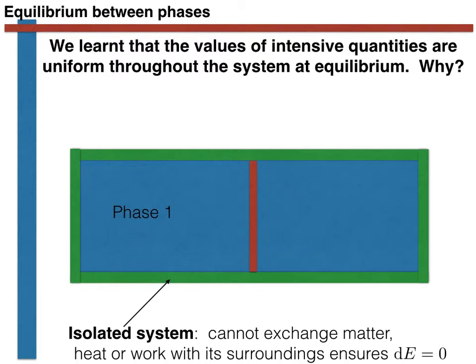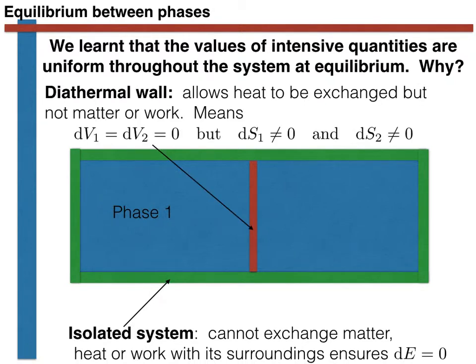Furthermore, these two phases are going to be separated by a diathermal wall, which allows heat to be exchanged between the phases, but that does not allow for the exchange of matter or work. In other words, this wall is going to ensure that the number of atoms in phase 1 and phase 2 are not allowed to change. Similarly, the volumes of these two phases will not be allowed to change, so dV1 and dV2 will both be equal to 0.